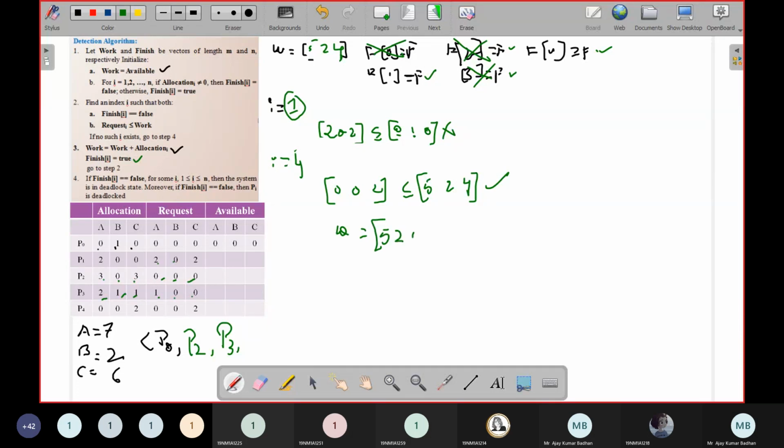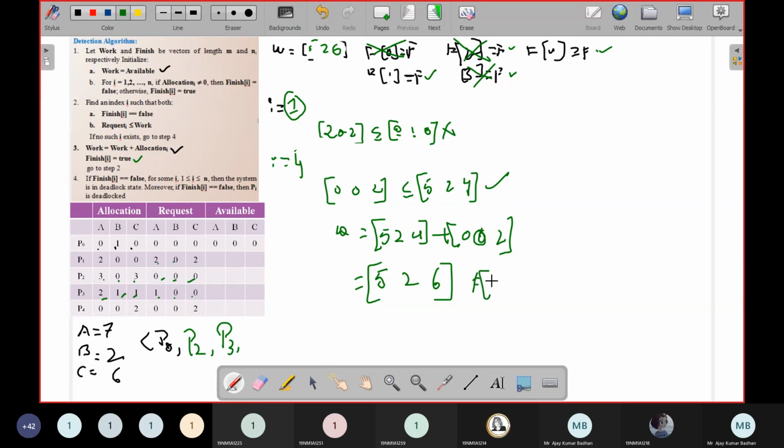That is 5, 2, 4 plus how much we allocated for process 4 here? 0, 0, 2. So how much are you going to get? 5, 2, 6. Don't confuse it. I think you people can understand. Now we have to update this: 5, 2 and this one will be 6.